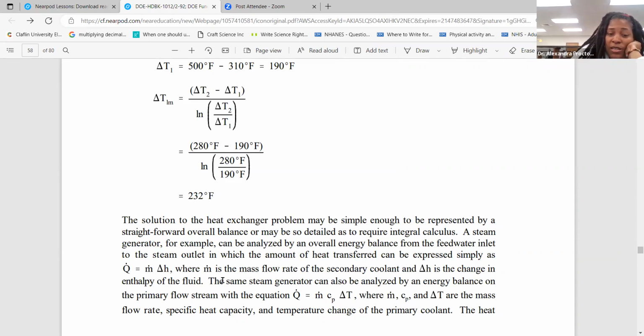The same steam generator can also be analyzed by energy balance on the primary flow stream using this equation: Q equals m c delta T, where m, c, and delta T are the mass flow rate, the specific heat capacity, and the temperature change of the primary coolant. Okay.